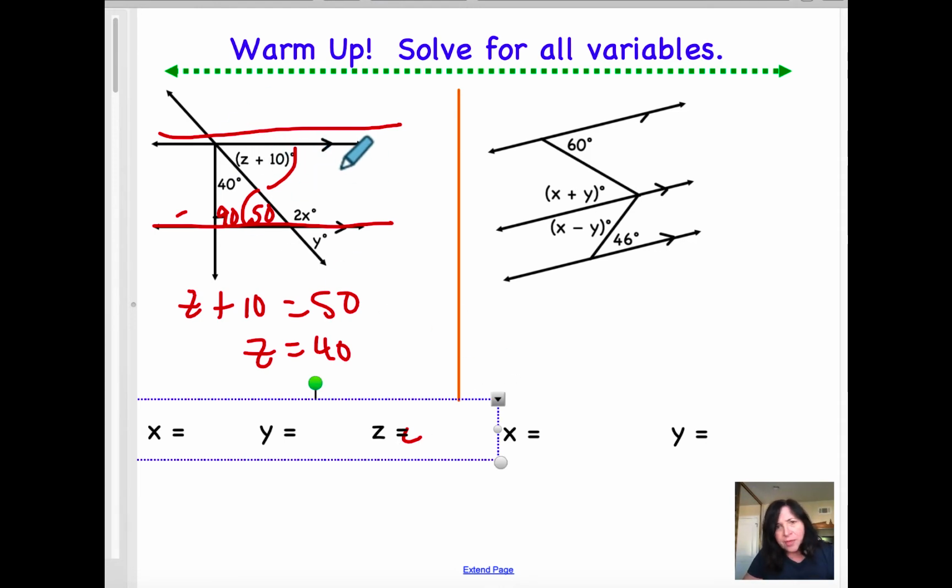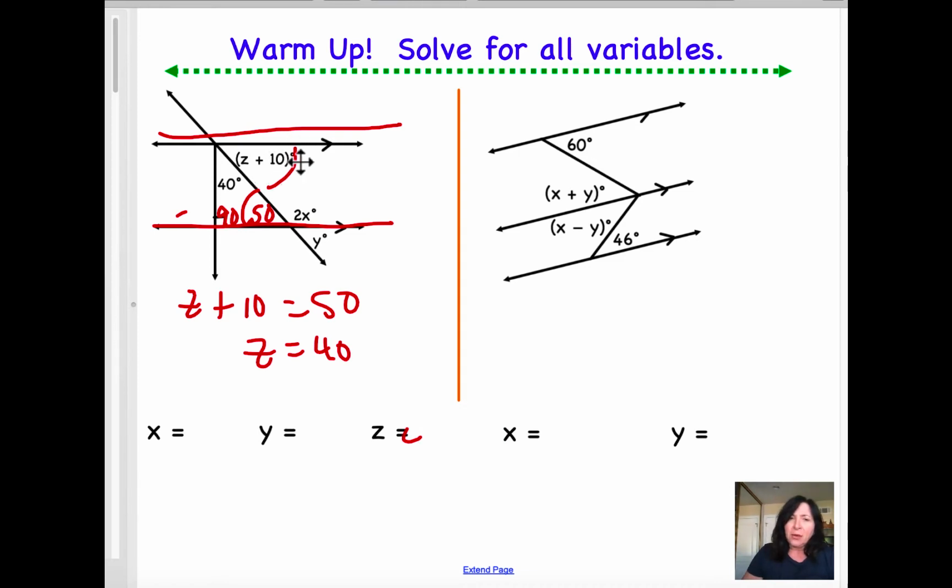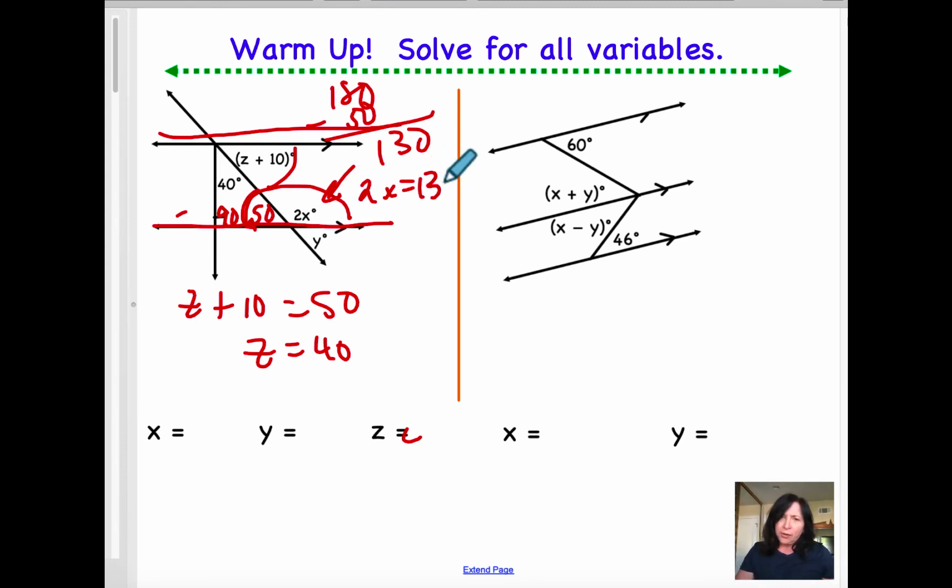I know that this angle here, I could do a couple of different things. For one, I can say this plus this equals 180, which means that if I said 180 minus 50, that leaves me 130. That angle right there has to be 130 degrees. So if 2x equals 130, then x would equal half of 130, which is 65.